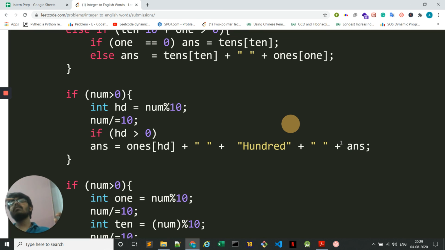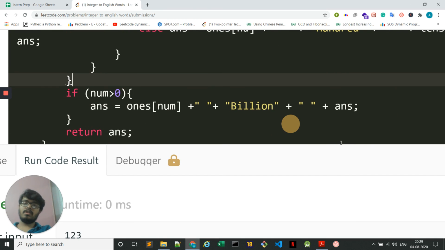It is possible that we have an extra space at the end.